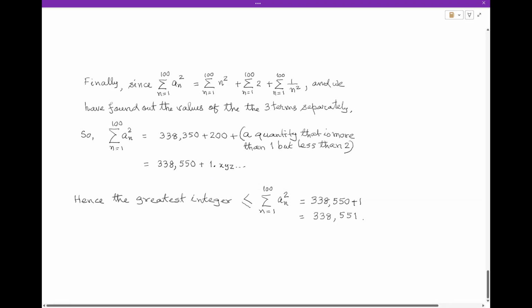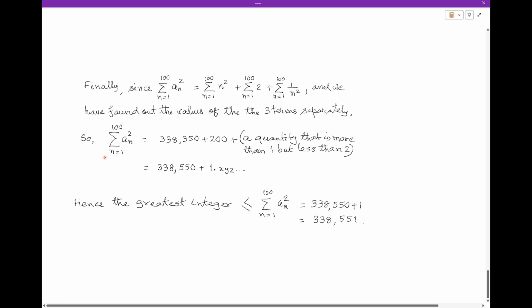So this, that is summation of an squared from 1 to 100, will be more than 338,550 plus 1, but less than 338,550 plus 2.